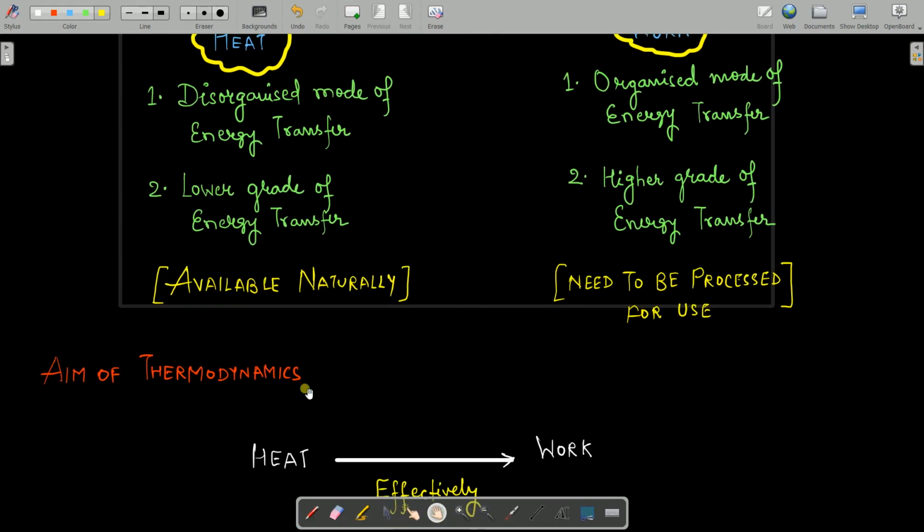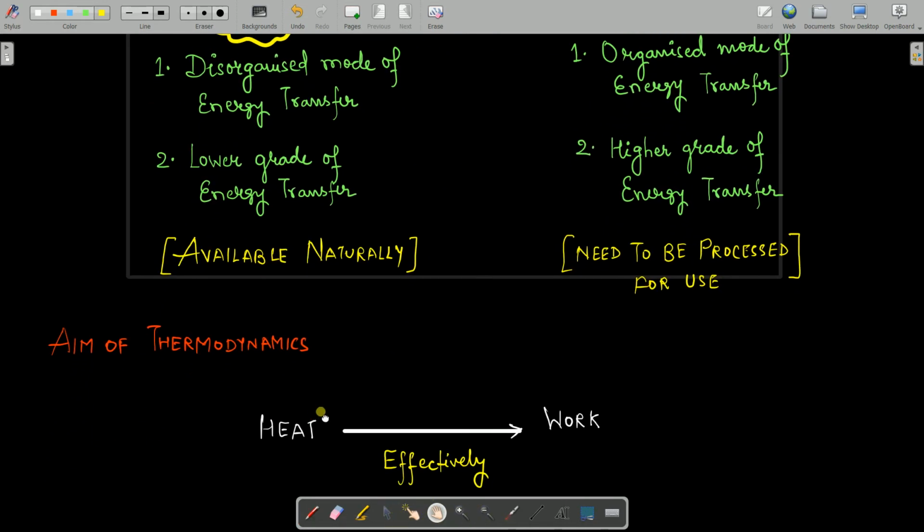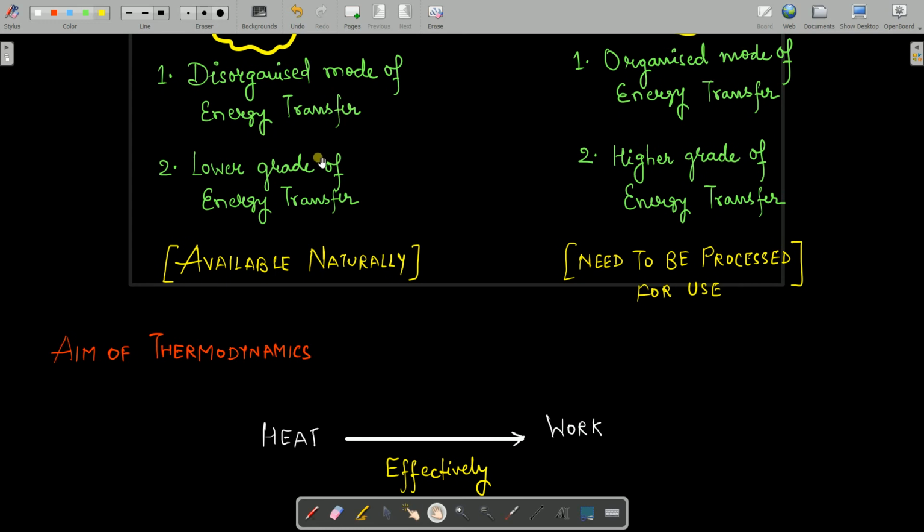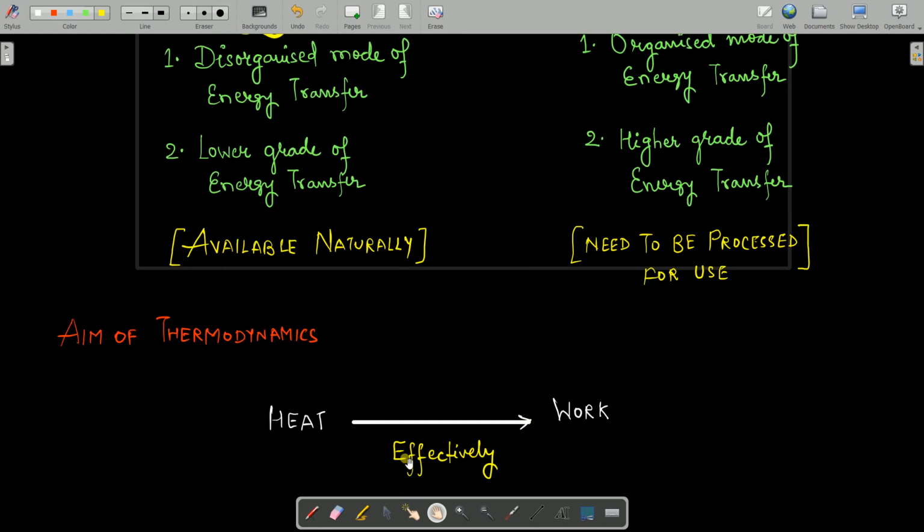Now, what is the aim of thermodynamics? The aim of thermodynamics is basically to convert heat into work. So heat is what? It's a disorganized mode of energy transfer. Entire thermodynamics deals with the effort of converting this disorganized mode of energy transfer into an organized mode of energy transfer effectively.